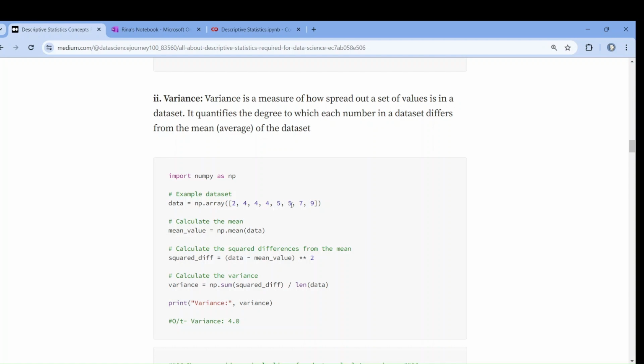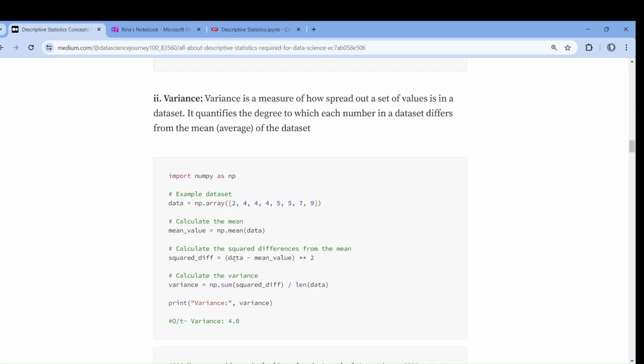Next, 0, 0, 7 minus 5 is 2, 9 minus 5 is 4, so 2 squared plus 4 squared. Now if I add all these squares and divide by the length of the numbers, that is 8, then we can get the variance. So we can understand how much every number in the data set is different from the mean of the data set, how much the data set is spread. We can find the measures of dispersion.